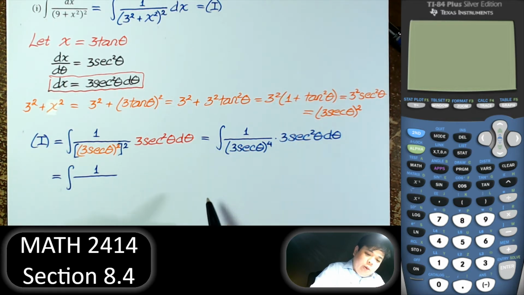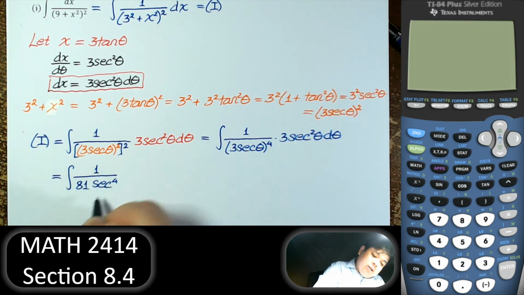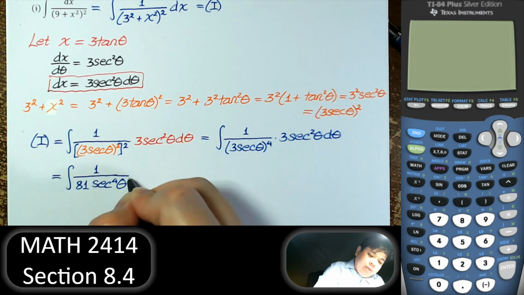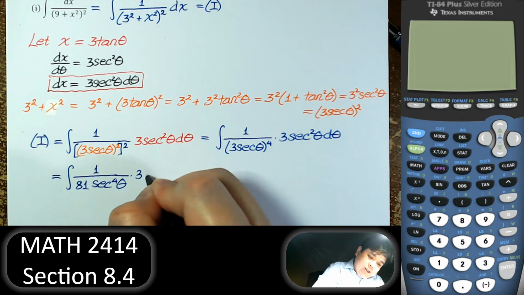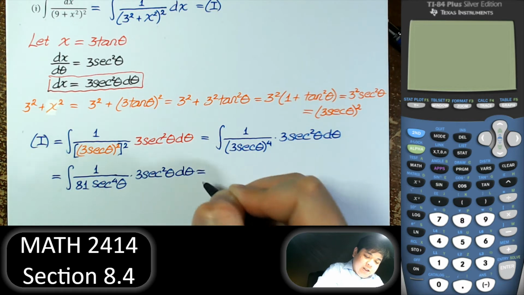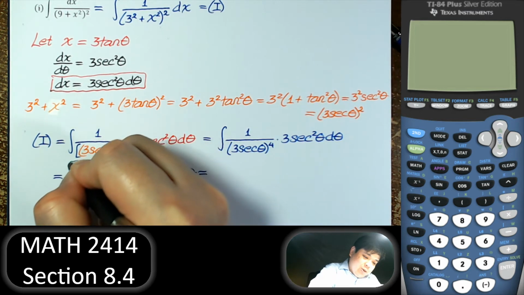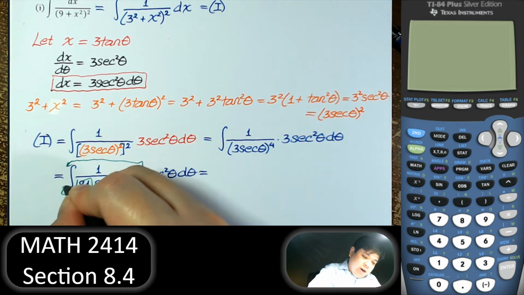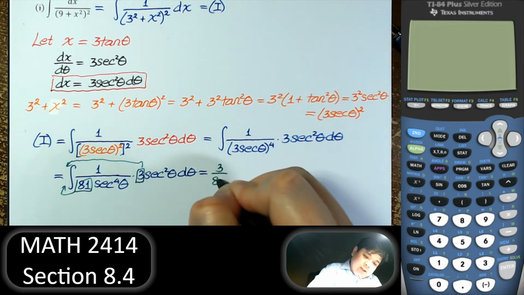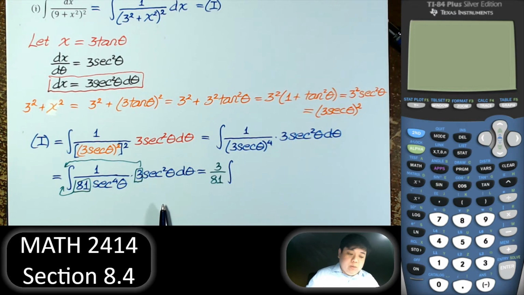So 3 to the 4th is 81 secant to the 4th. And then 3 secant squared. Take the 3 outside, 81 on the outside. And then we have secant squared over secant to the 4th power.